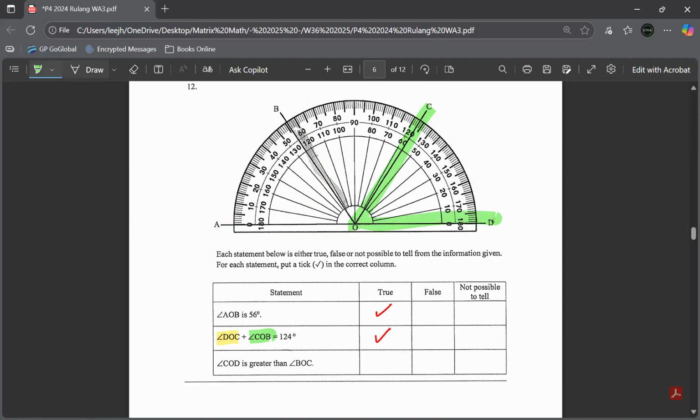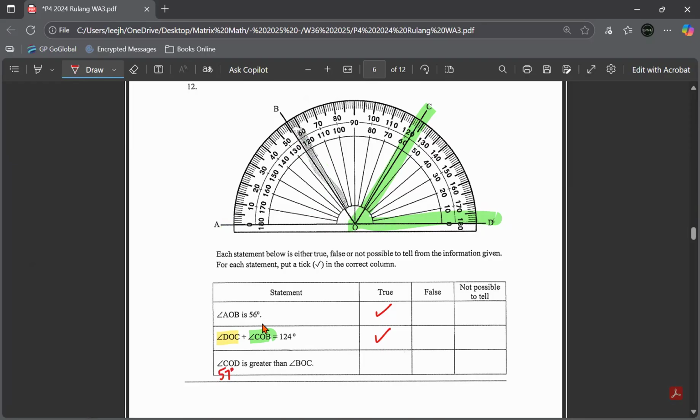Let's look at how big angle COD is. This is the baseline 0, which means we're reading from the inner scale all the way up to here. So COD is 50, 55, 56, 57. This is 57 degrees.